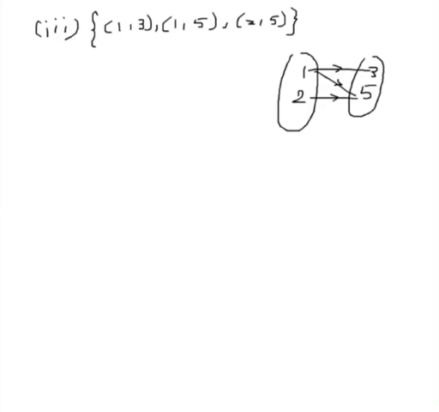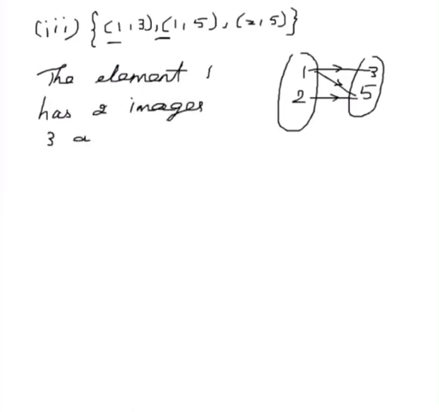If you see, the element 1 has two images. Therefore, it is not a function. Each element should have a unique image. Here, the element 1 has two images. We'll write that reason. The element 1 has two images, 3 and 5. Therefore, this relation is not a function.